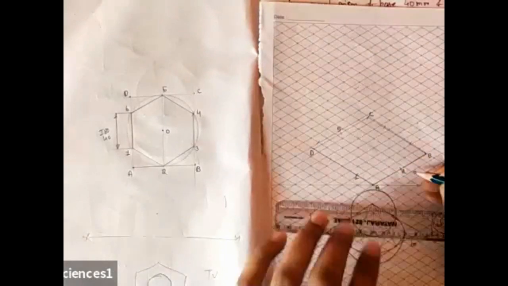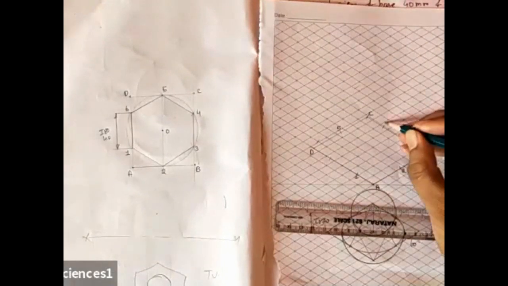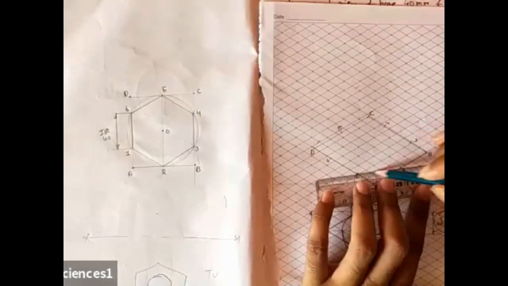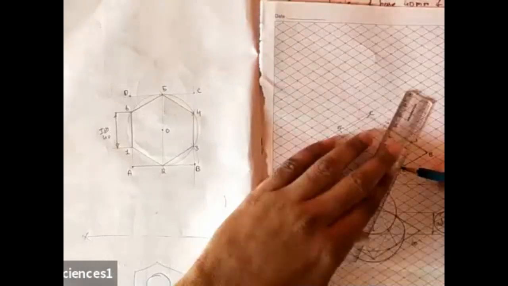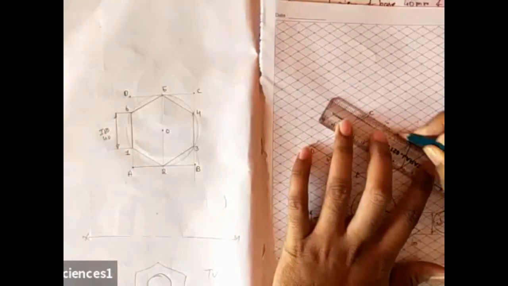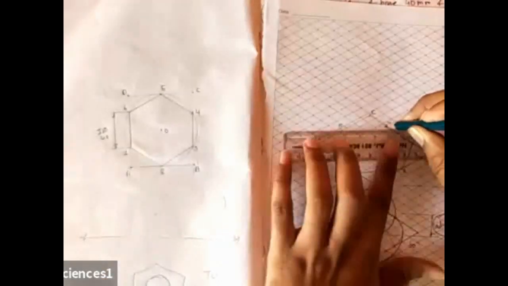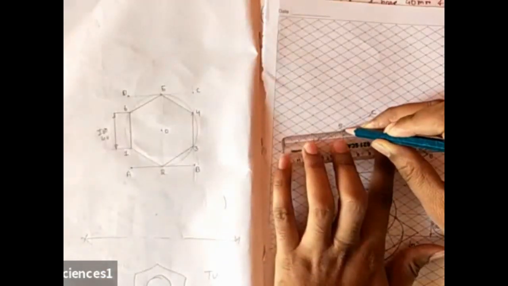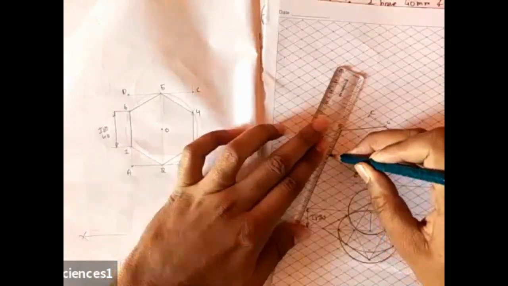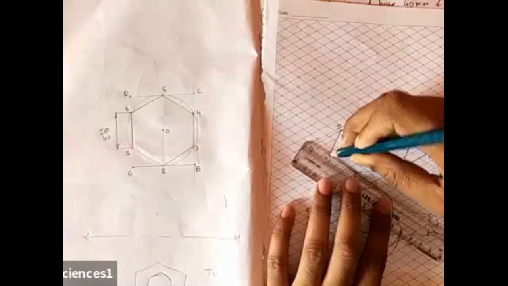These are the points 1, 2, 3, 4, 5, and 6. That's all. Just join the points and you'll get the isometric view of your hexagon. I'll start joining 1 to 2, 2 to 3, 3 to 4, 4 to 5, 5 to 6, and 6 to 1.